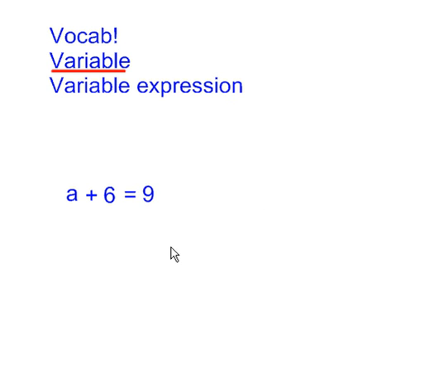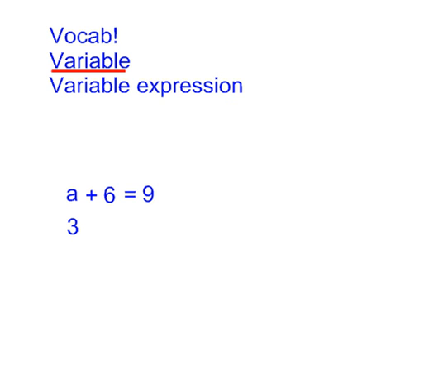And so what we're saying here is some number plus 6 is equal to 9. And so the variable a is going to represent what? 3. So anytime that we use a letter to represent a number, it's called a variable.